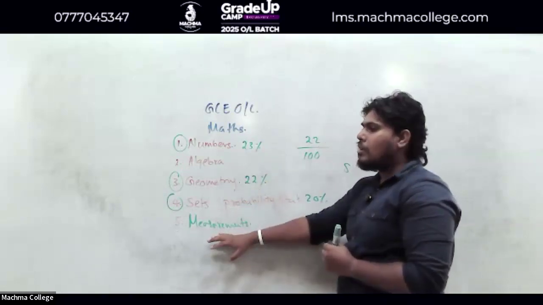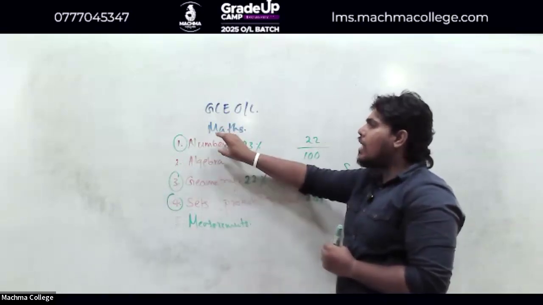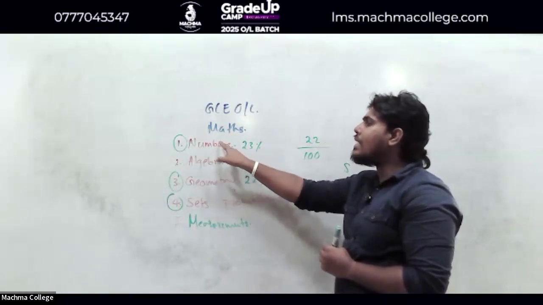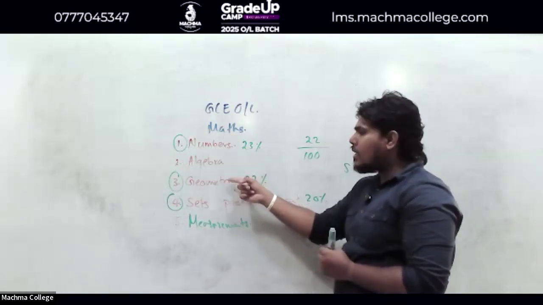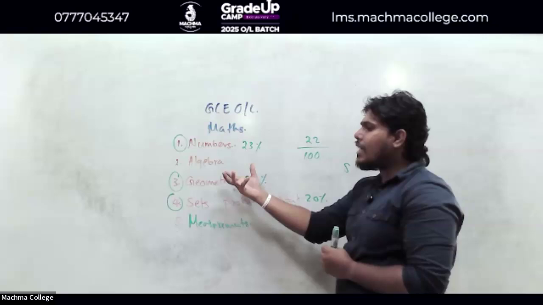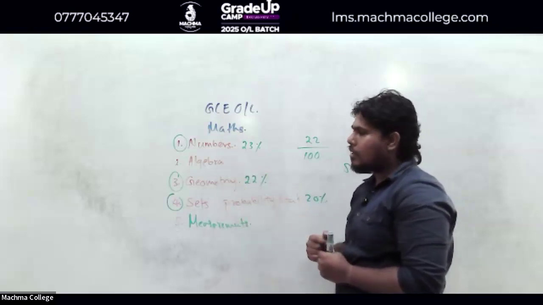If you grasp these 5 areas, then when it comes to the numbers part, numbers lessons are not interconnected with any of the other types of lessons. They are not combined with other categories. Geometry is not interconnected with any of the other categories in the syllabus.